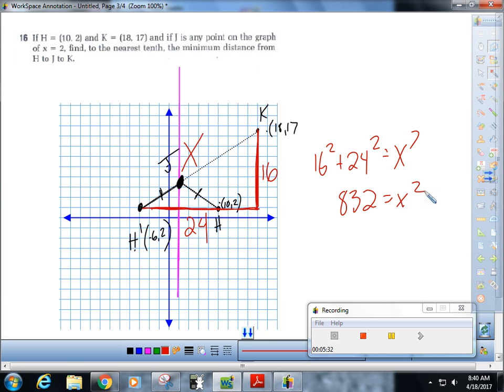Square root that. And it says to round it to the nearest tenth, so 28.8 is our minimum distance.